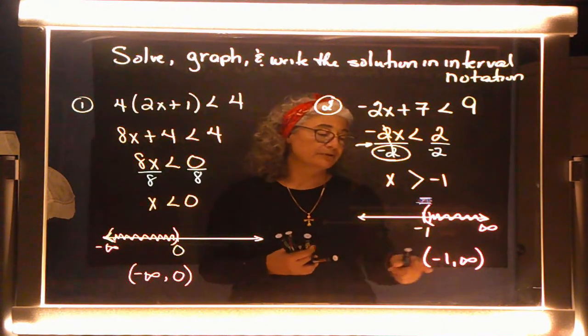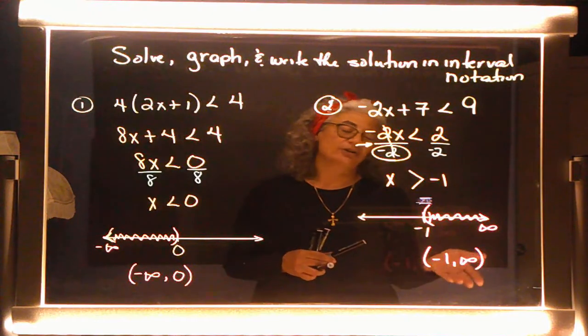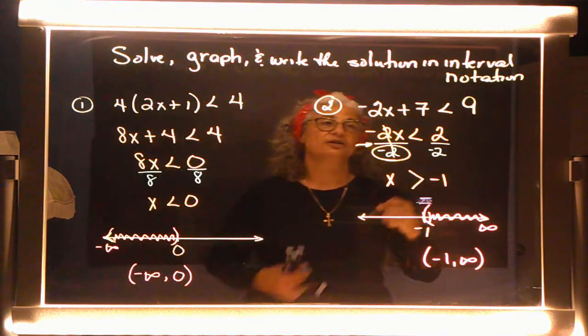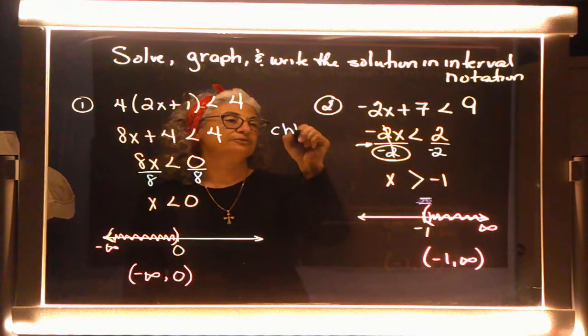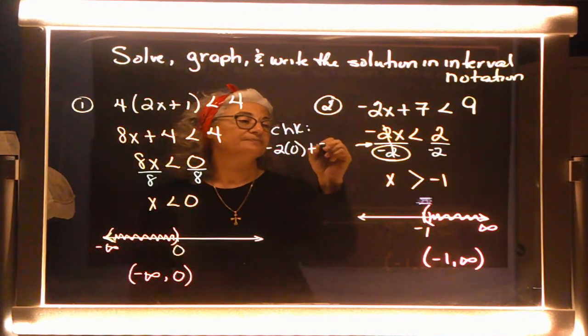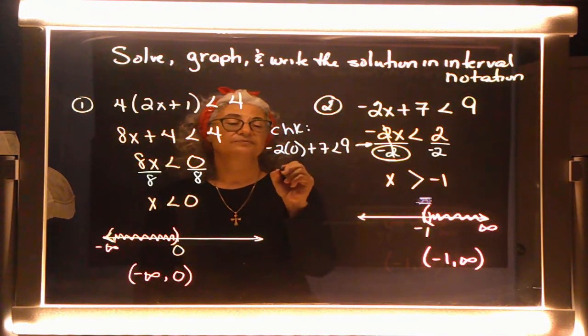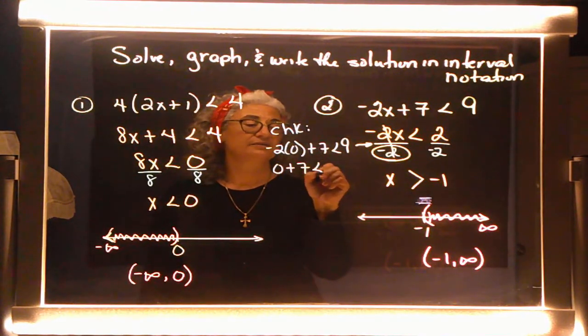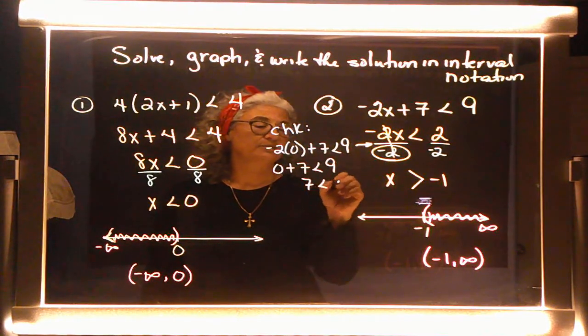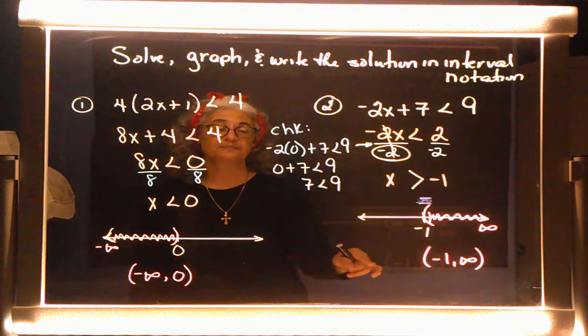Well, take a number between -1 and infinity. Yeah, 0. 0 is in between there, isn't it? Okay, so I want to check number 2, and I'm going to plug in a 0 for x. -2 times 0 is what? Sure, 0 plus 7. So this makes a true statement, doesn't it? It works, doesn't it? Agreed?